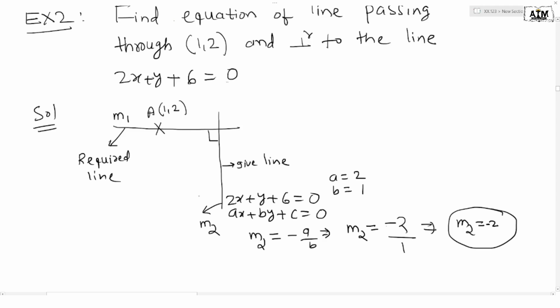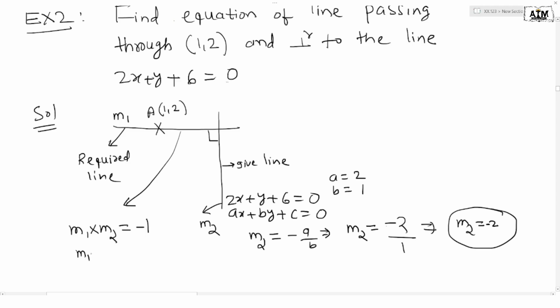Now, since both lines are perpendicular to each other, we need to get the value of m1. So how do we get m1? Whenever two lines are perpendicular, the product of their slopes equals minus 1. By using this relation, we can easily find the slope of the required line, m1.